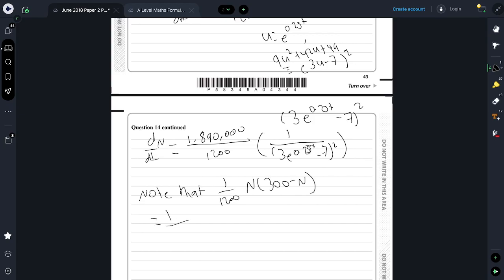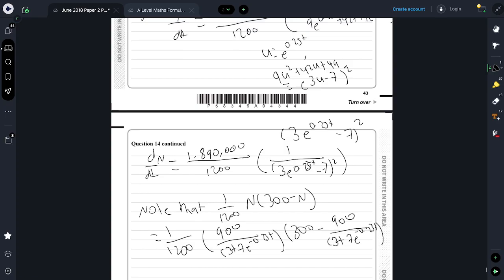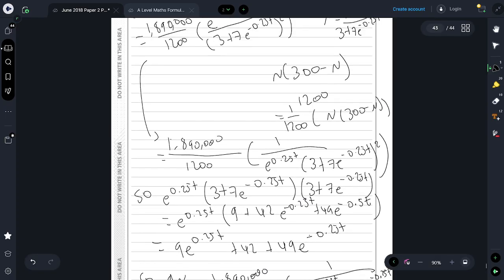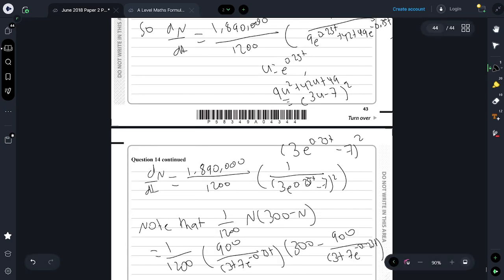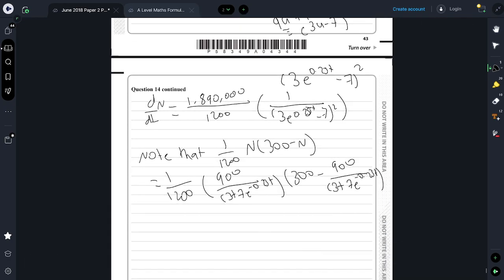Substitute that in: it is equal to 1 over 200 n, which is 900 over 3 plus 7e to the minus 0.25t, of 300 minus n, which is 900 over 3 plus 7e to the minus 0.25t. Is that the right answer? Cool. Okay.